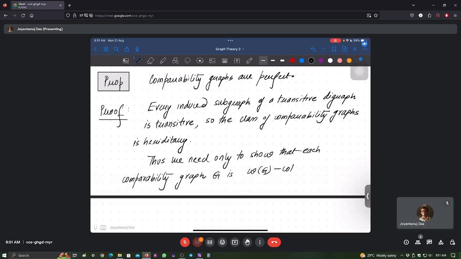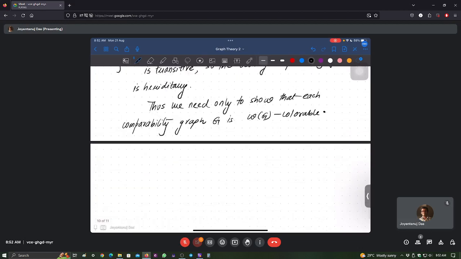Omega G is the clique number. If we can show that G is omega G colorable, then we have that the chromatic number is omega G, right? Okay, so let us see.